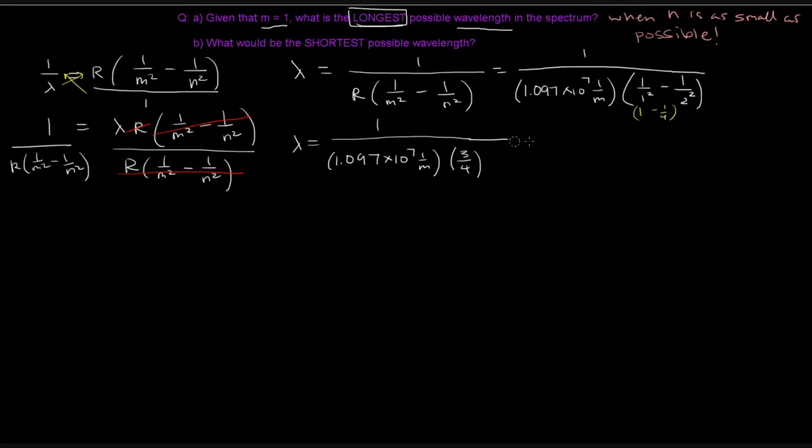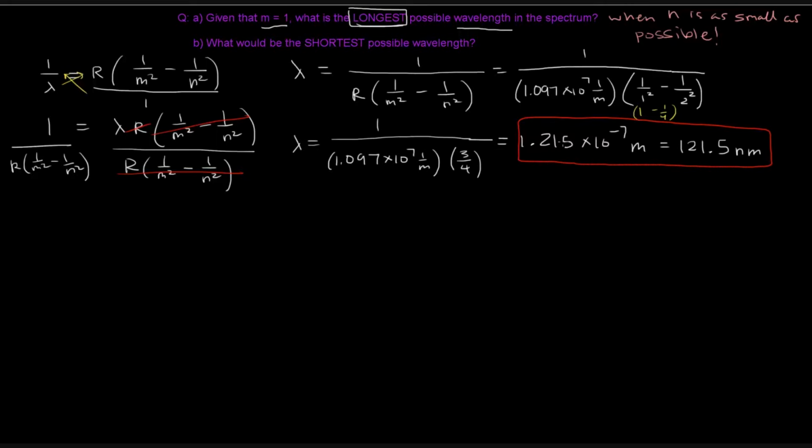And if I plug this into my calculator, I will get 1.215 times 10 to the negative 7 meters, which also equals 121.5 nanometers. Okay. So that is the largest possible wavelength given that m equals 1.